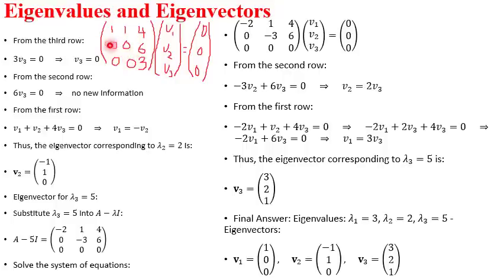And of course, you will see that from the second row here, it is established that V3 equals 0, but there's no new information with respect to V1 and V2, and that is why proceeding to the first row here provides that useful information.